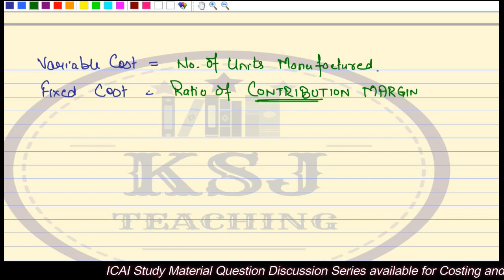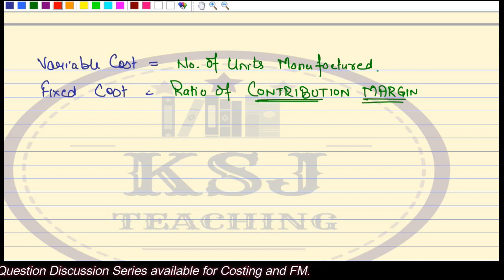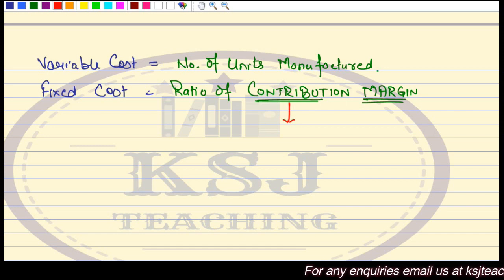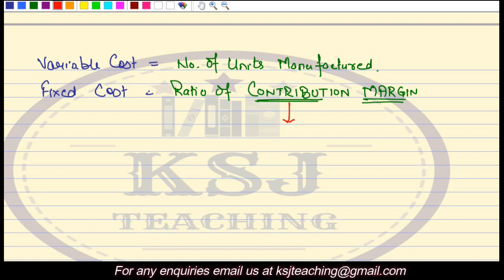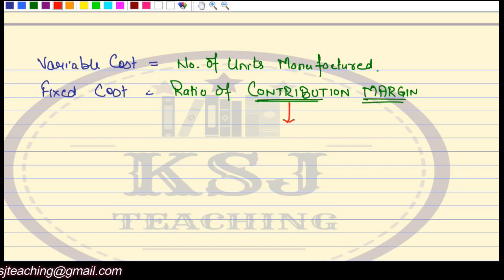Now this contribution margin we are going to study in the chapter of marginal costing also, right? So what is a contribution margin? Contribution margin says contribution is like a profit, right? Not I can say the net profit, but it is another term being used for the earnings or for the profit that you will get from the operations, from the making of a particular product, right?